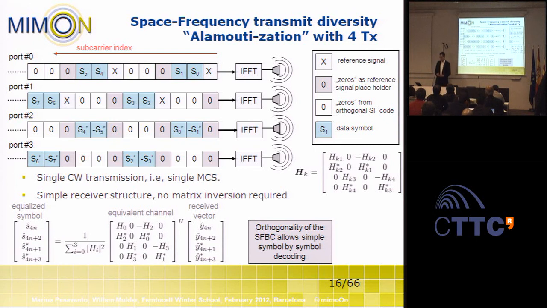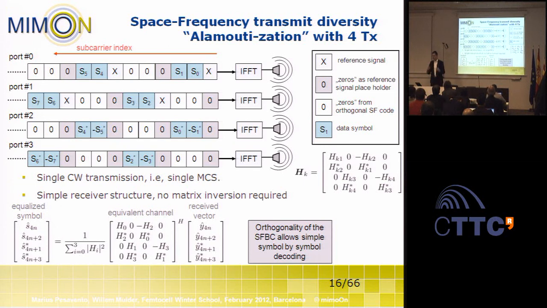I want to just briefly touch on this. There's an open-loop scheme without feedback that is based on space frequency block coding. The famous Alamouti code is used here, and basically we have a diversity order of 2. Always 2 symbols are transmitted from 2 antennas, where the other antennas are muted.